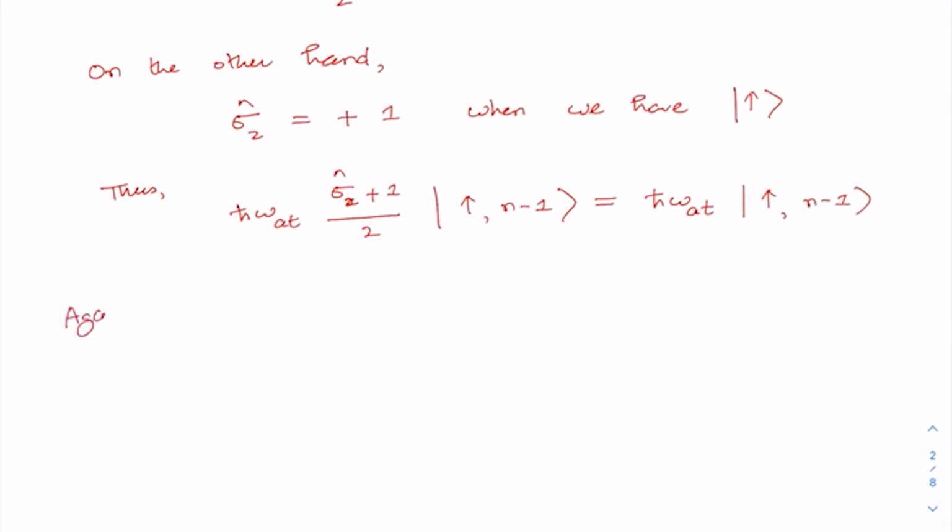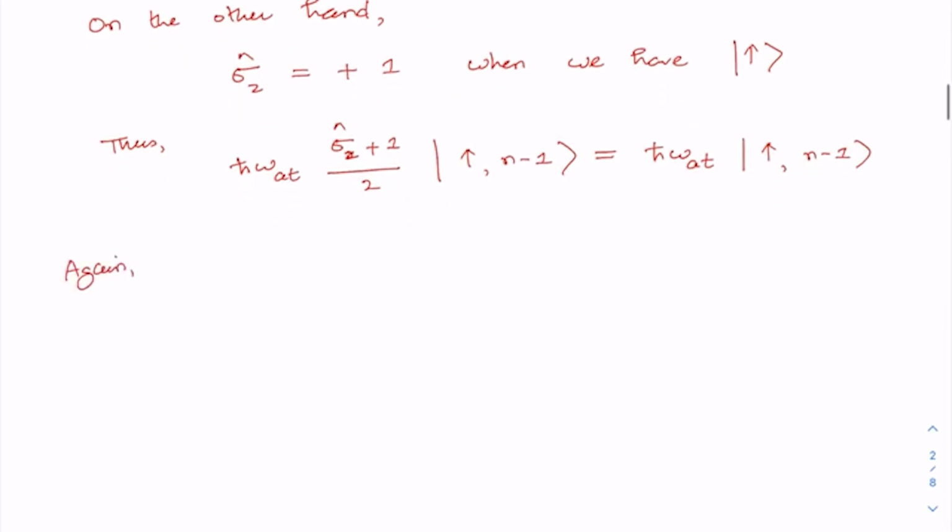Again we can work out σ+ a when it operates on this state. Now σ+ is the atomic raising operator, so it will raise the atomic state to the up one, and a is the annihilation operator of the field mode. It will reduce the photon number by 1, and here the factor is root n.